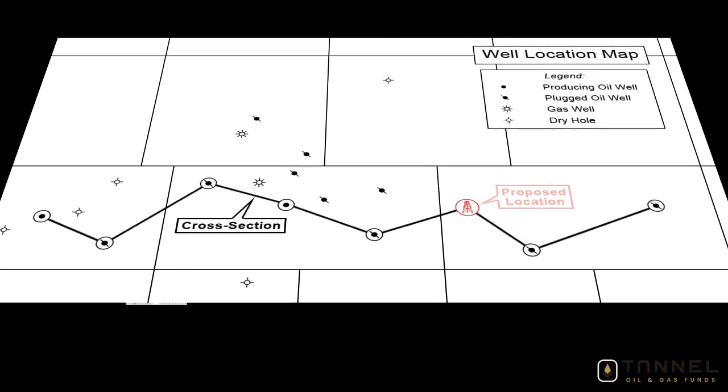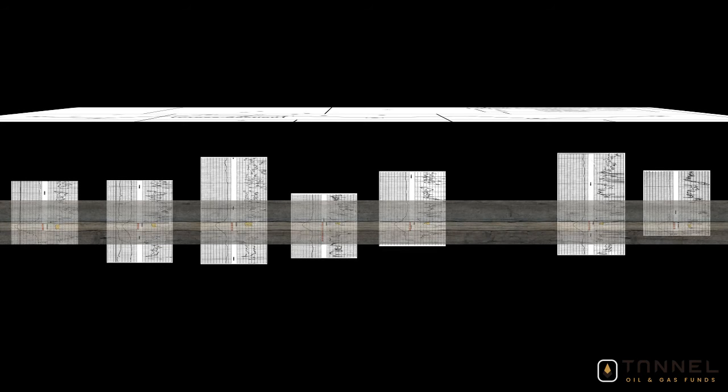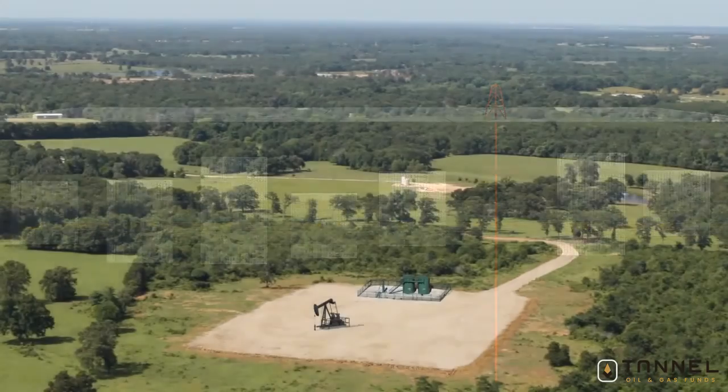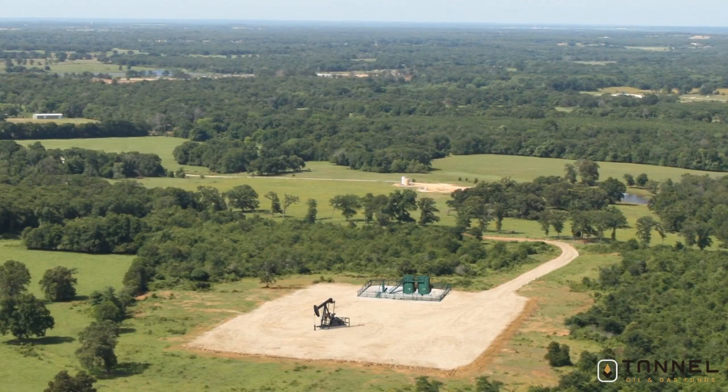Lining up the logs, adjusting for variations in the surface altitude of each well, the geologist can get a good idea of the rock structure and possible presence of hydrocarbons across the area. This information is very helpful in identifying promising well sites before drilling begins. With this information, oil and gas companies can drill new wells with greater confidence and promise of success.